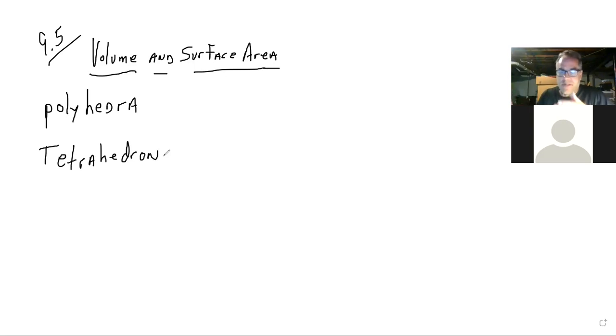So just imagine taking four triangles and putting them together. And these polyhedra that I'm referring to are regular. Now remember, the term regular means for a polygon, all sides have the same length. So these are regular polygons, in the case of the triangle, of course, equilateral. So four equilateral triangles fitted together.